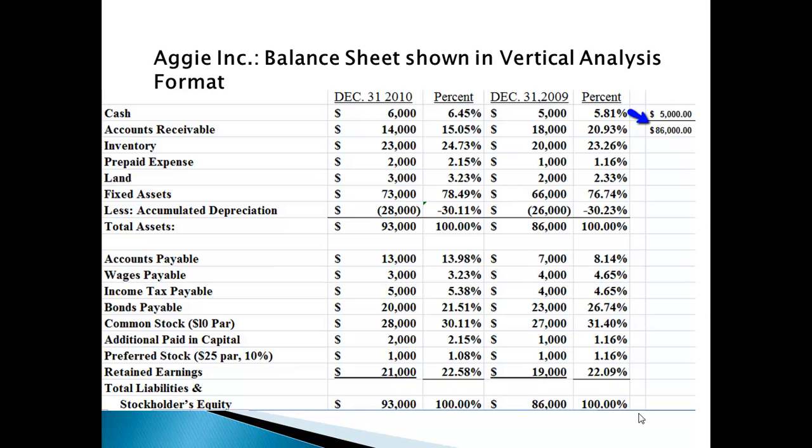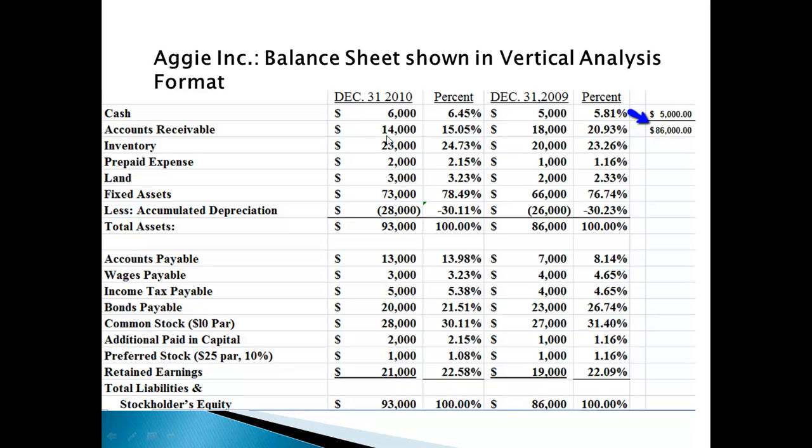I show a balance sheet with all of the vertical analysis calculations. Every single one of these accounts for both years is shown as a percentage of total assets. So cash in 2009 makes up 5,000 of 86,000 of assets. Accounts receivable makes up 18,000 of 86,000, or 20.93% of assets.